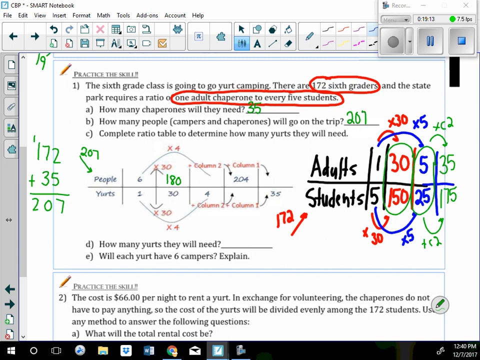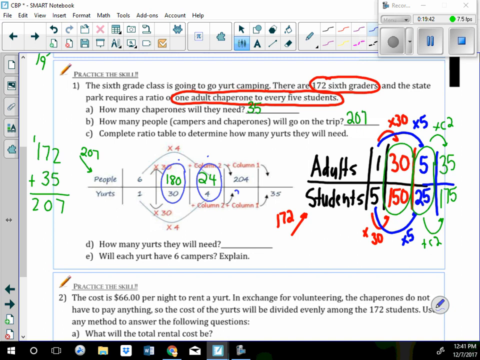That'll give me 24 more people who can have a yurt. I'm going to add together my 2 columns here. Okay, this says plus column 2, so I'm going to add these 2 columns together. So that means I have 204 people for 34 yurts.